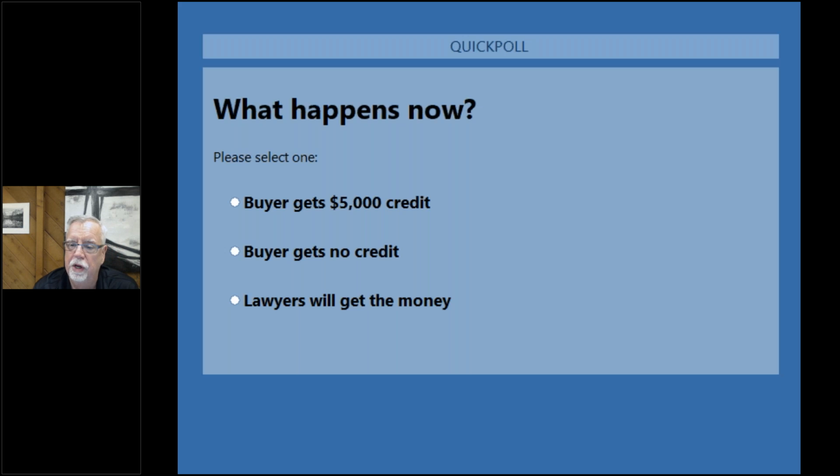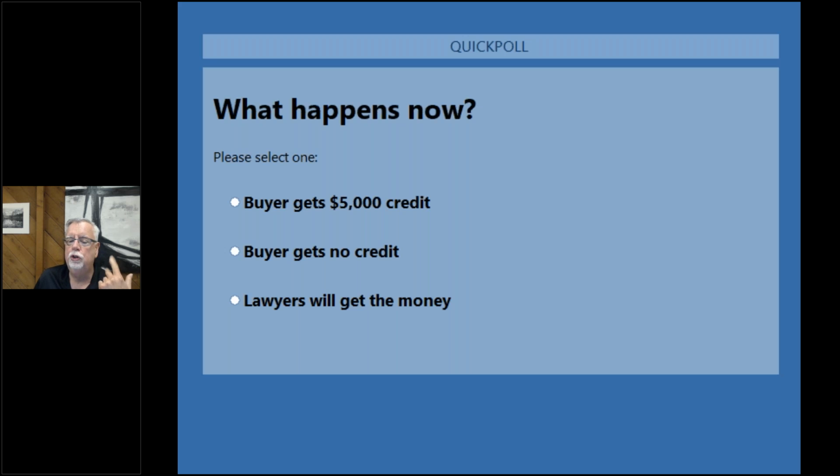In other words, this form, the addendum form, is not to be used to negotiate a change in the terms of the contract, but is simply going to be used to include additional information about something that already exists in the contract.